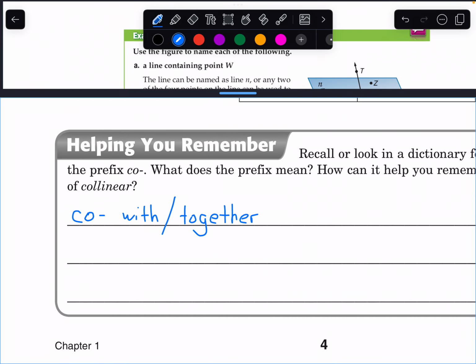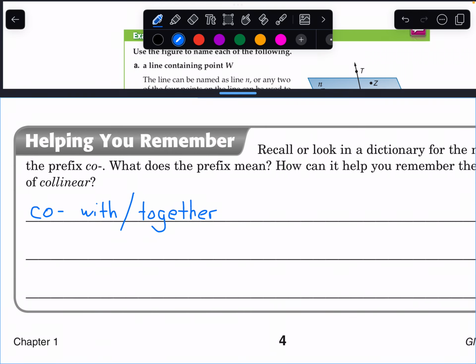And if I remember my high school Spanish class, I believe the Spanish preposition con is the same thing, with or together.